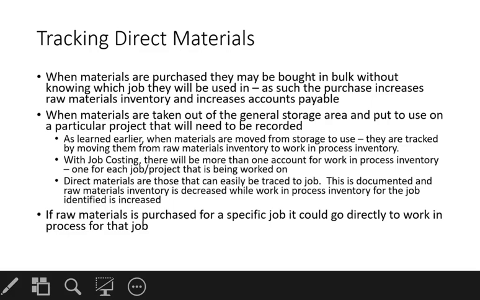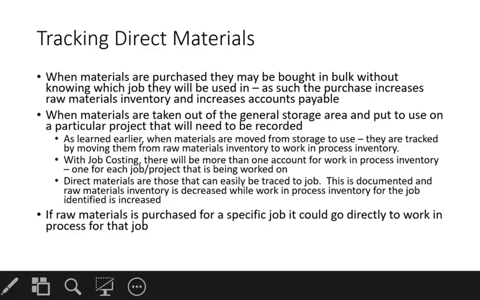Hopefully every time those raw materials go from the central warehouse to the job site, we have indicated it with what may be called a purchase requisition or a materials requisition. Today it's probably an electronic request, even a text, saying bring me this stuff from the warehouse to put into the job.